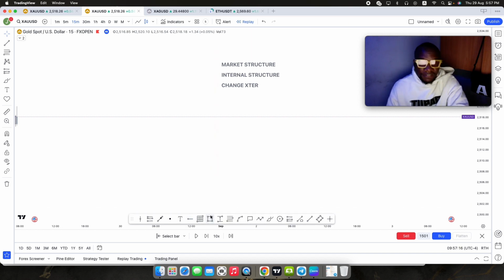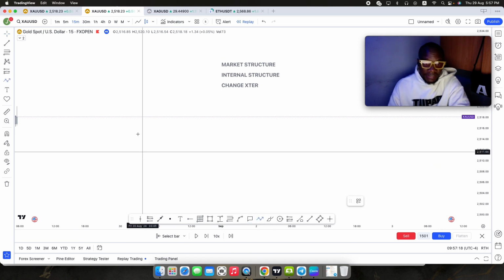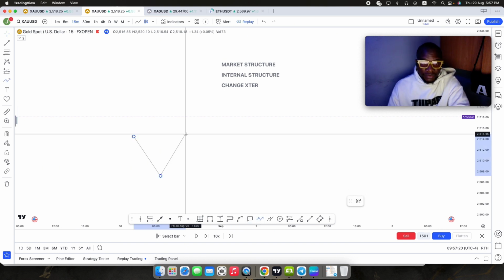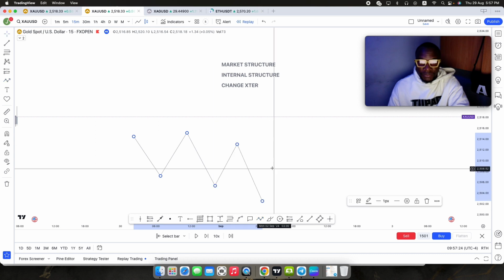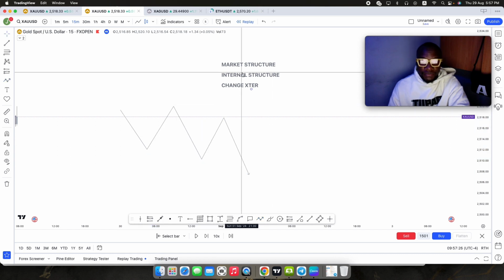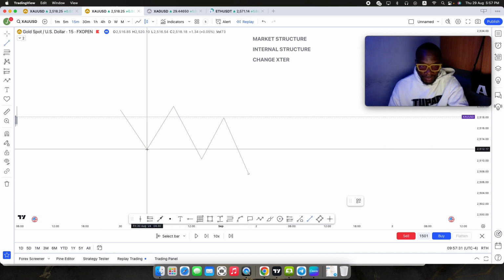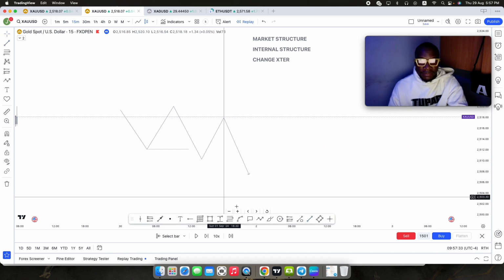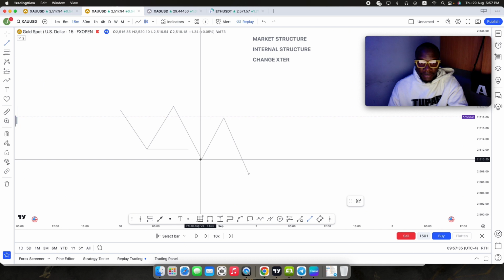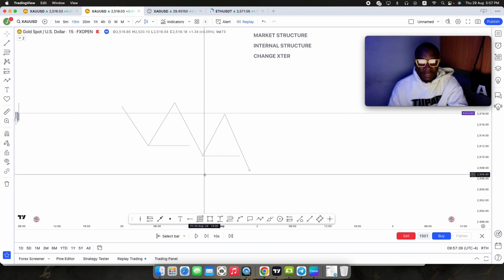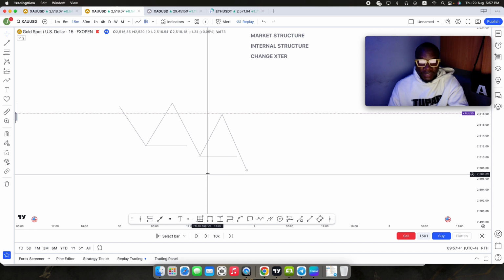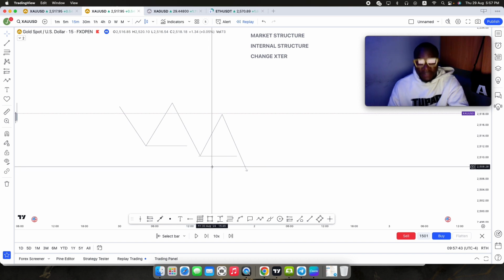First things first, I'm going to be showing you guys a diagram which is of this nature. If you look at this diagram, you will know that this is a bearish move to the downside, right? And we have our break of structure to the downside. So as a trader, what you want to be doing is to trade in line with the downtrend.